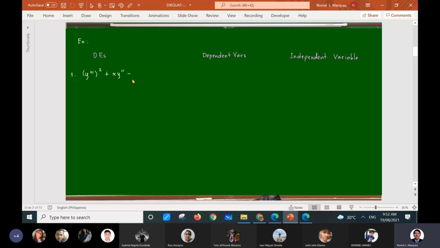And this is, let's say, equal to kx y prime. So given this differential equation, what do you think is the dependent variable here? Since we take the derivative of y, so it means the dependent variable is y, right? Am I correct, guys? Yes po.